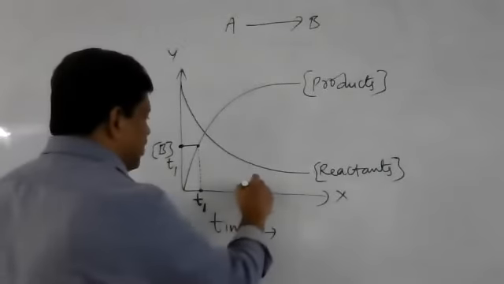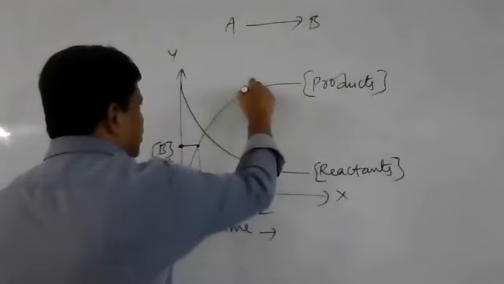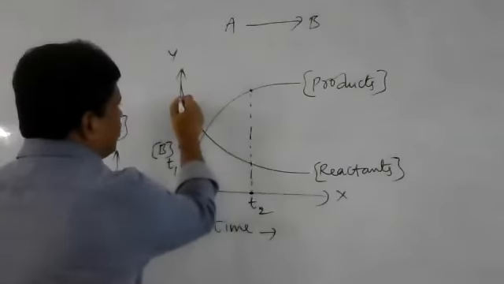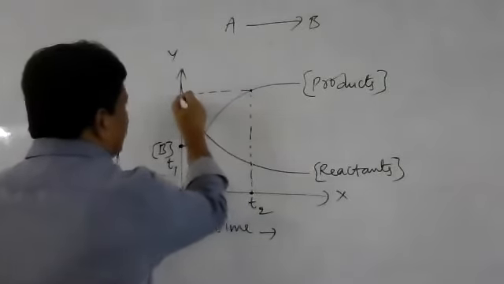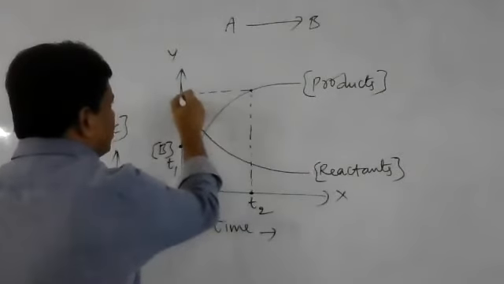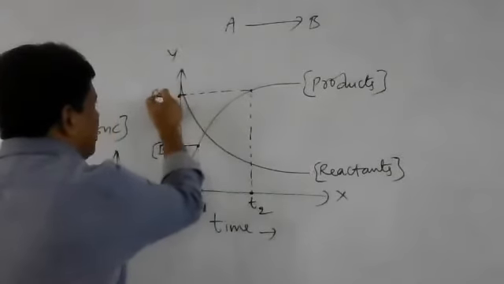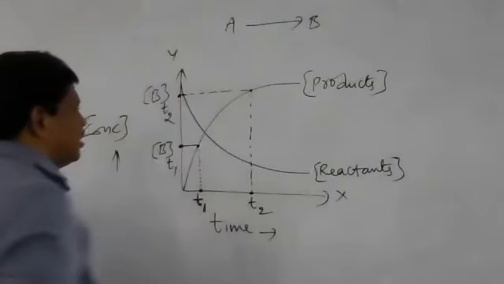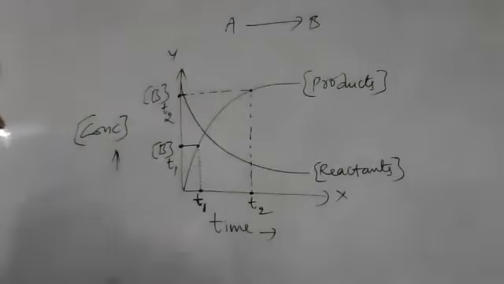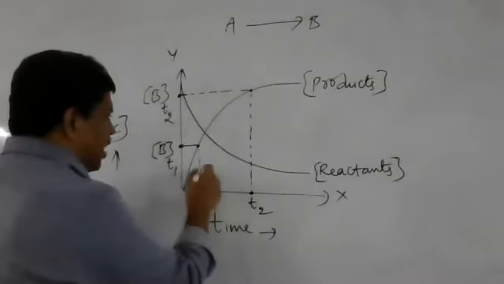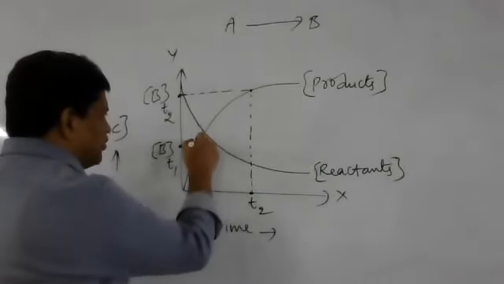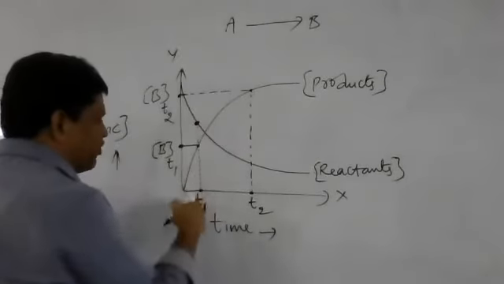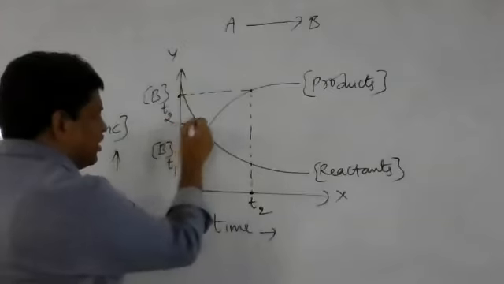Now the same B, the same product, at T2 time, this is its concentration, right? Now at T1 time, what is the concentration of A? This one.